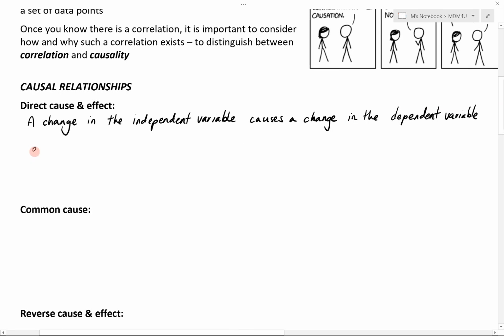As an example, as the number of kilometers you drive in a car increases, then the amount of fuel you have left decreases. So x causes y.